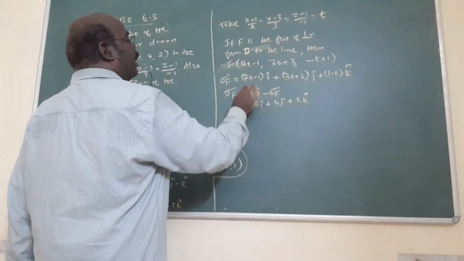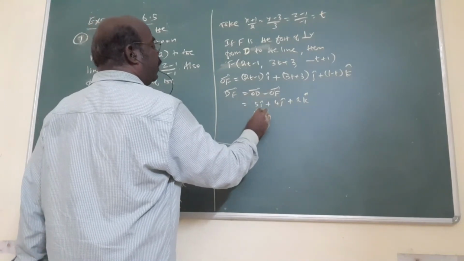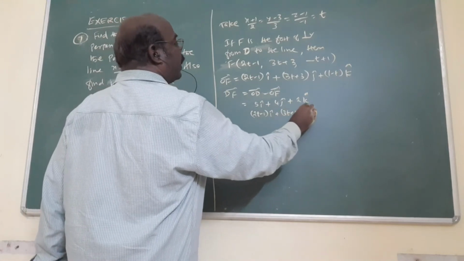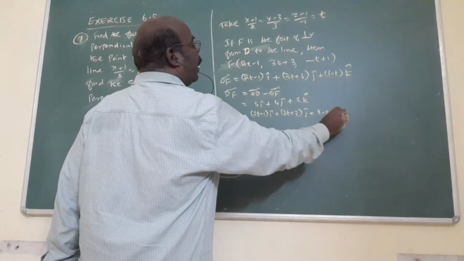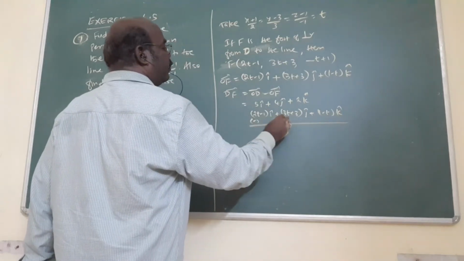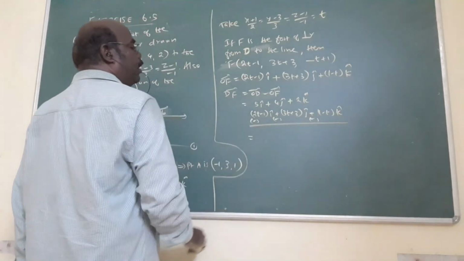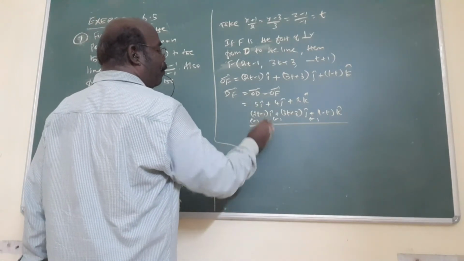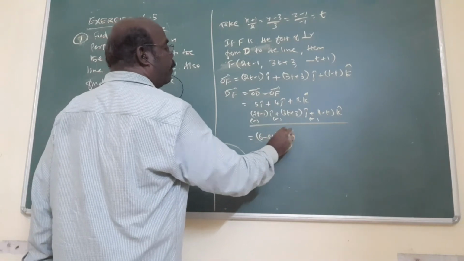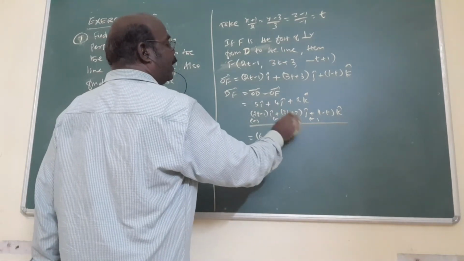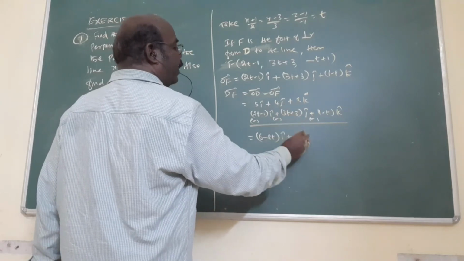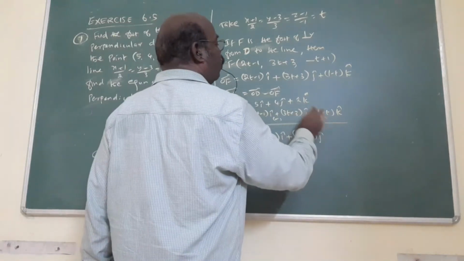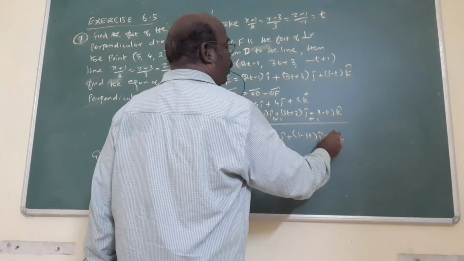Then OF is (2T minus 1) i cap, (3T plus 3) j cap, (1 minus T) k cap. Change the sign. Equal to (5 minus 2T plus 1) that is (6 minus 2T) i cap, plus (4 minus 3T minus 3) that is (1 minus 3T) j cap, plus (2 minus 1 plus T) that is (1 plus T) k cap.